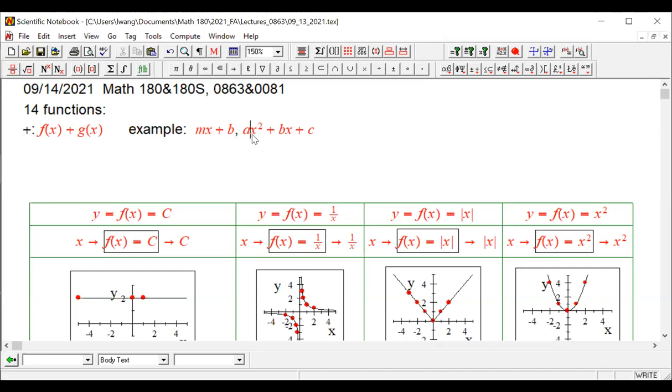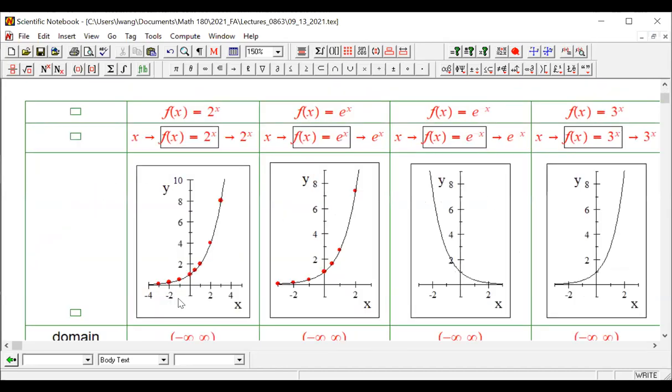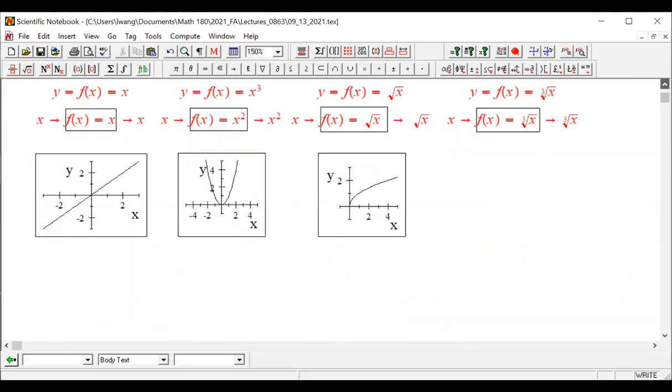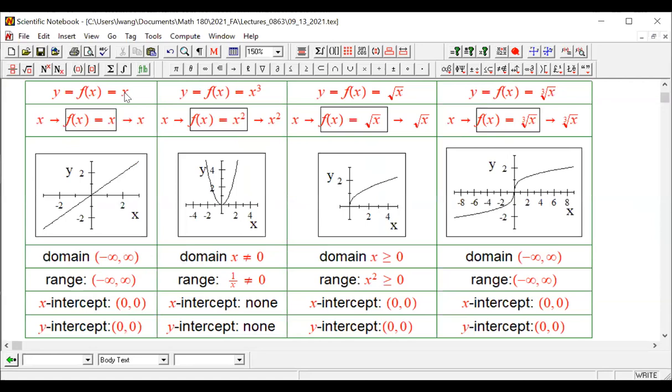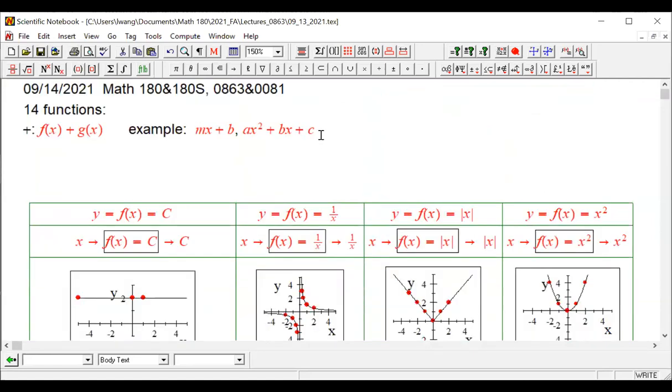Here's x squared, I multiply it with a constant, and add b times x, and the constant. What do you call this? Quadratic function. We're going to address it again.